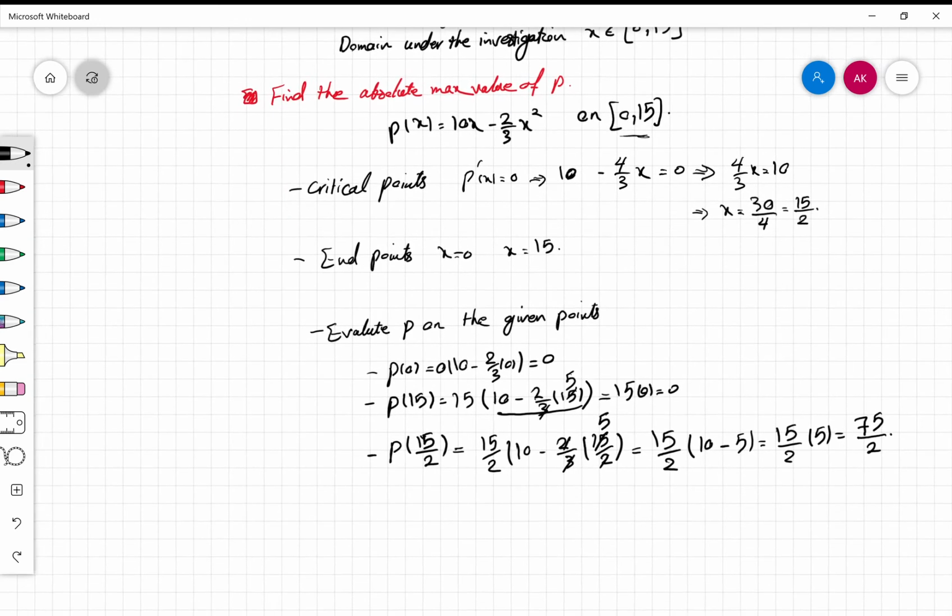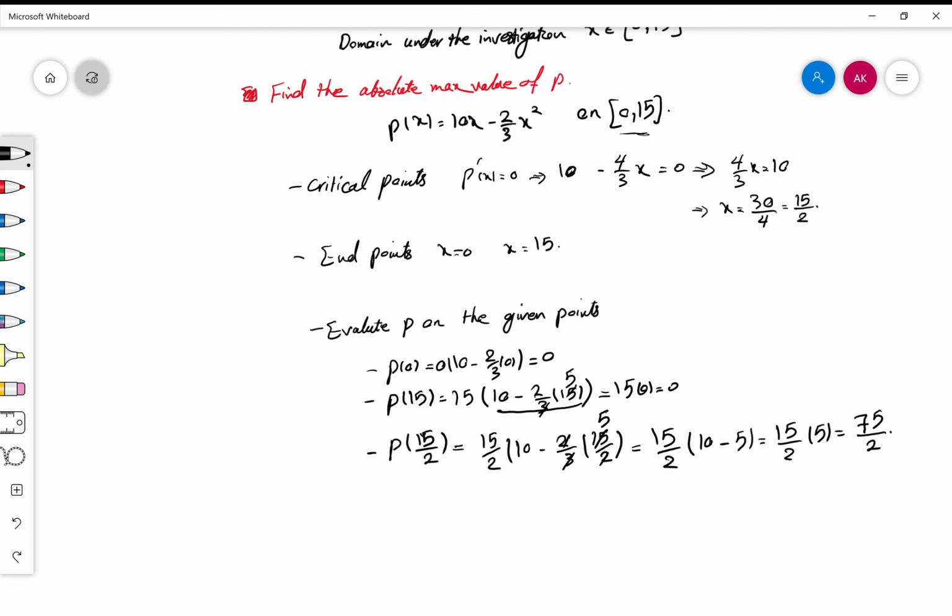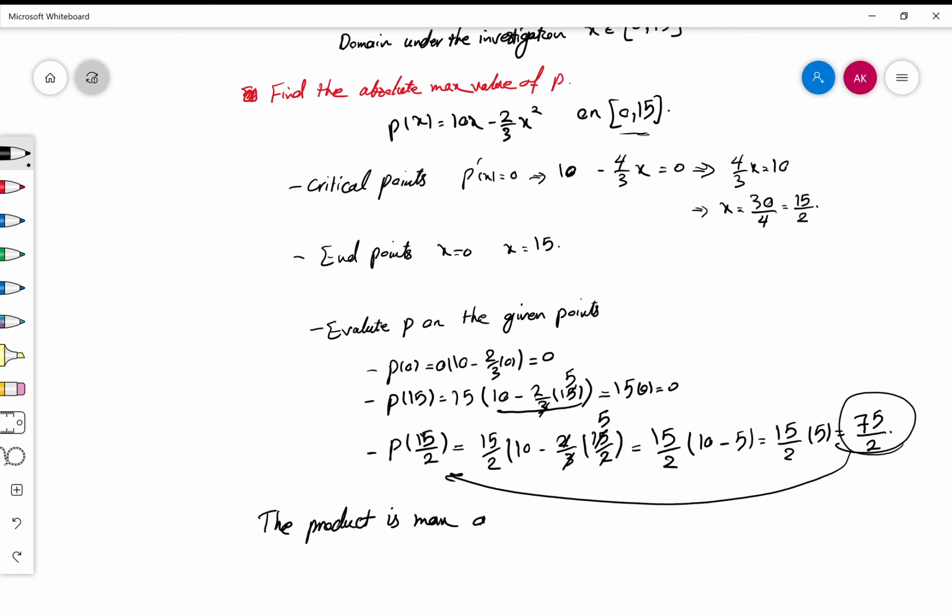It means the product is maximum when x is 15 over 2.